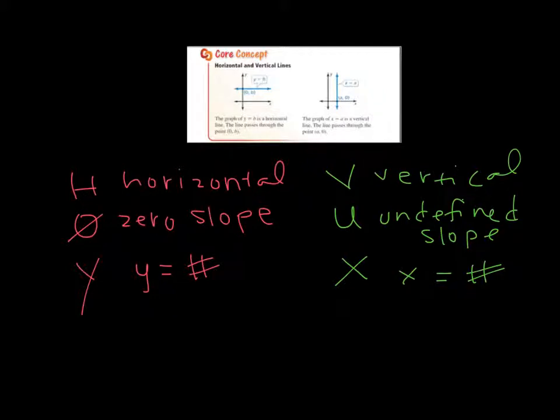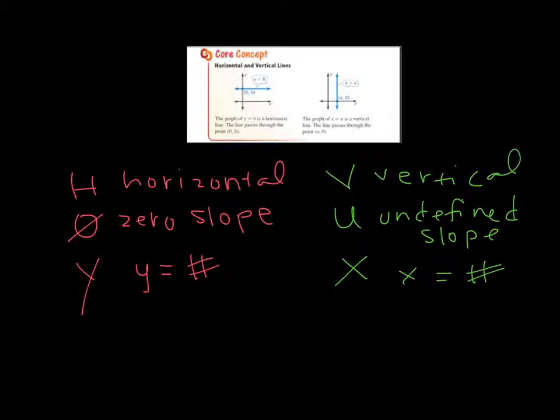A horizontal line goes left and right, and it's only touching the y-axis, so y equals should make sense to you. A vertical line is up and down, so it's only going to have an x-intercept, so x equals a number should make sense to you as well.